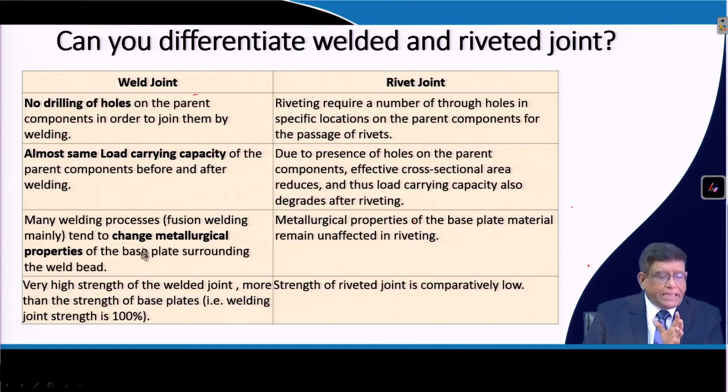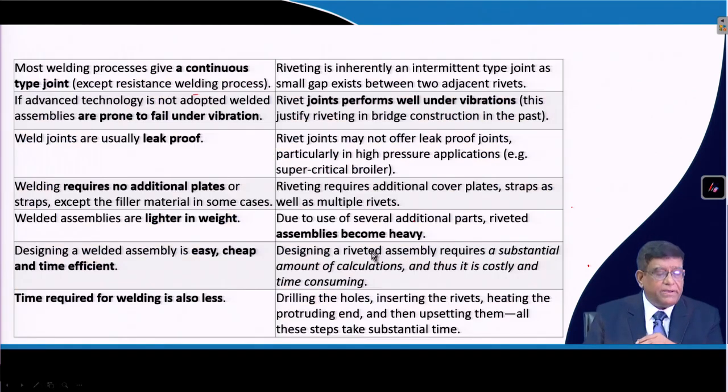So this is the case with welding, but such things will not happen in case of your riveted joint. You can get a continuous type of joint in case of welding, but in case of rivet, because you have these holes and then you put the rivets, it is not a continuous one.